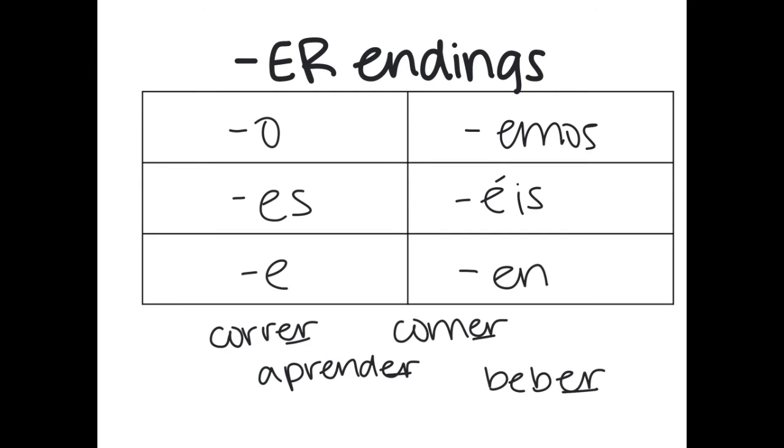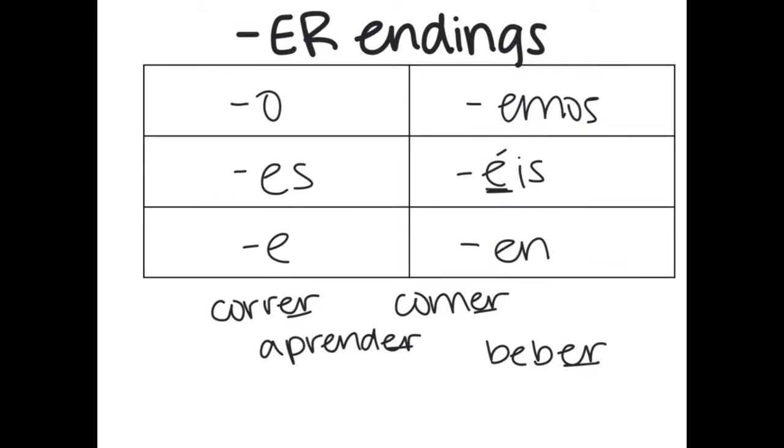Now again, just like the AR verbs, we have this E here in the vosotros that has an accent on it. So those two are similar in that way that in the vosotros form there is that accent on that vowel. So now that we know the endings, let's practice a little bit.